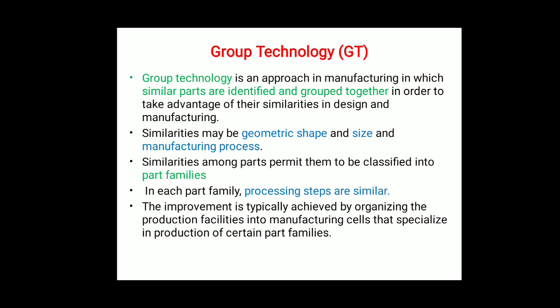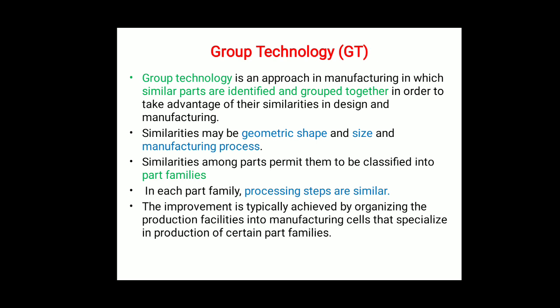A part family can be defined as a group of parts or components having the same or identical attributes. Parts may not be exactly the same but are very close. Parts may not look the same but their manufacturing process can be the same. In this way we have to define that group into part families.